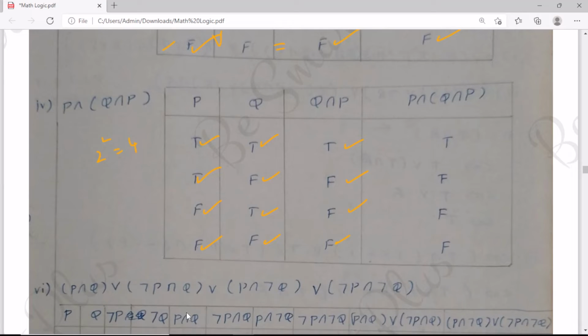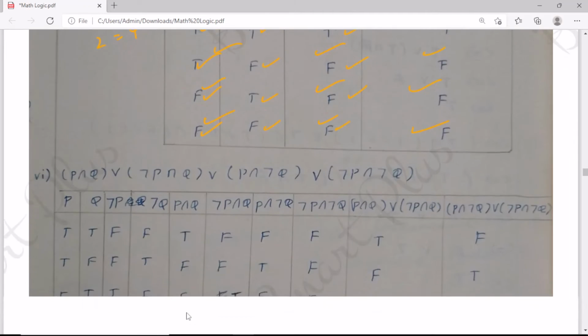But in a conditional statement that will be different, so I take the order as given. Next you take the conjunction of this one with P. So P and (Q and P): true and true is true, true and false is false, false and false is false, false and false is false.